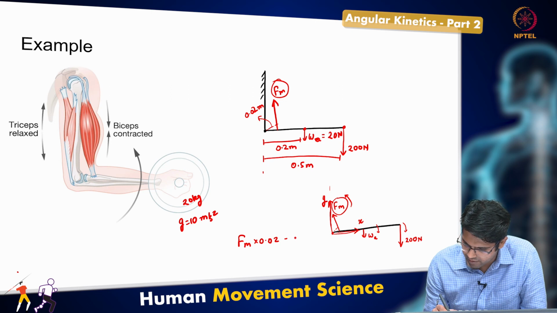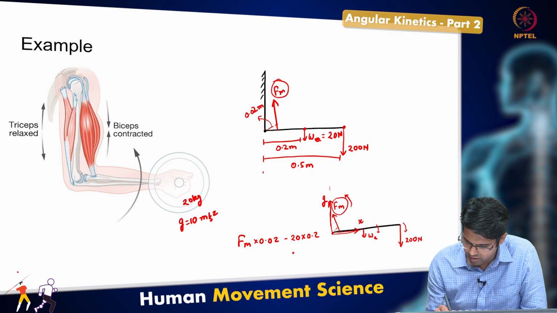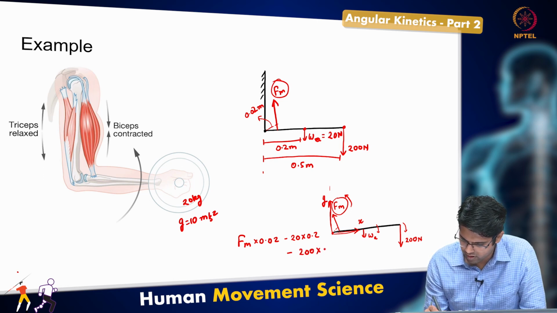So we have 20 times 0.2 minus 200 times 0.5.